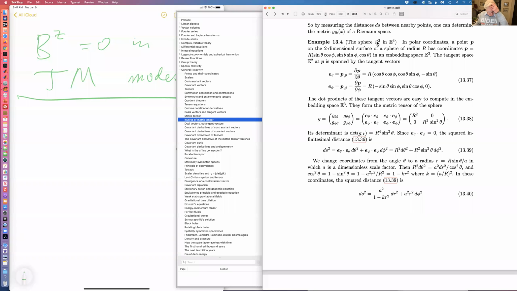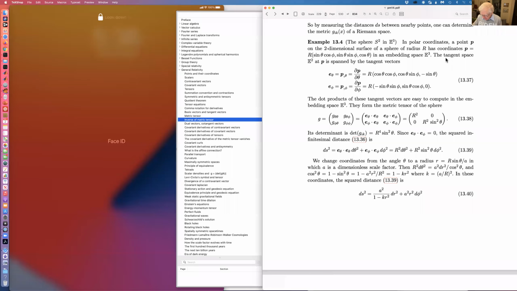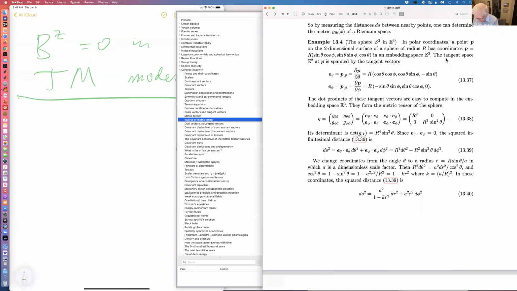Apparently, there are people who seriously believe the Earth is flat. I don't know what they think of this, the sphere. But anyway, so what are the vectors? This thing keeps going blank on me.